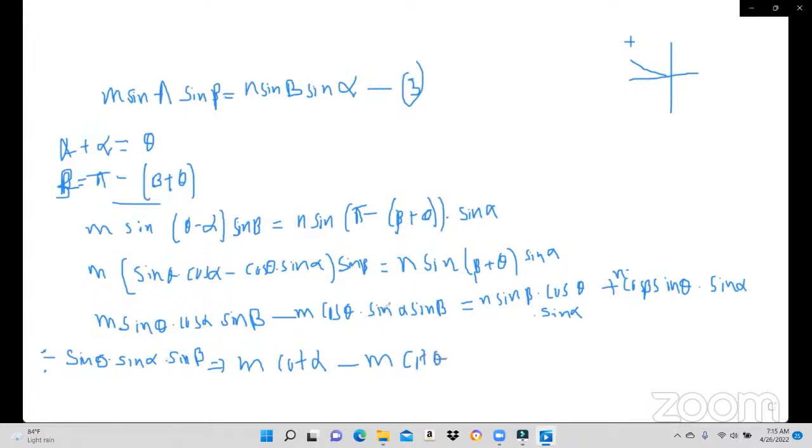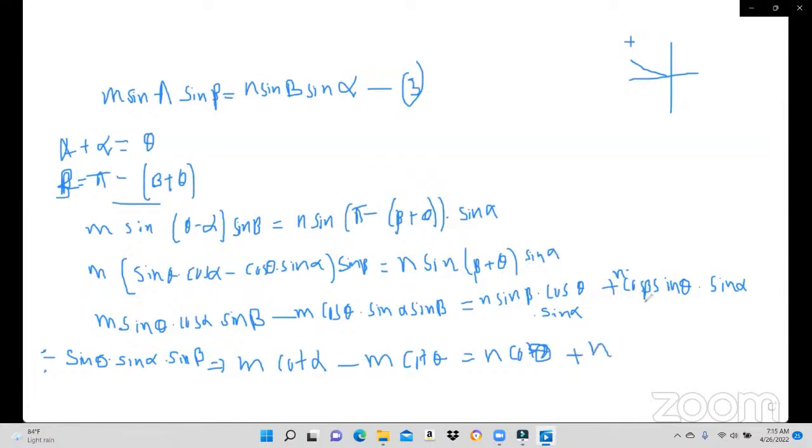What will happen? Sine alpha is getting cancelled. Sine beta is getting cancelled. Here n is remaining. n sine beta is getting cancelled. Cos theta is not there, so cos theta divided by sine theta is cot theta. And also sine alpha is getting cancelled, cot theta. Plus n is remaining.